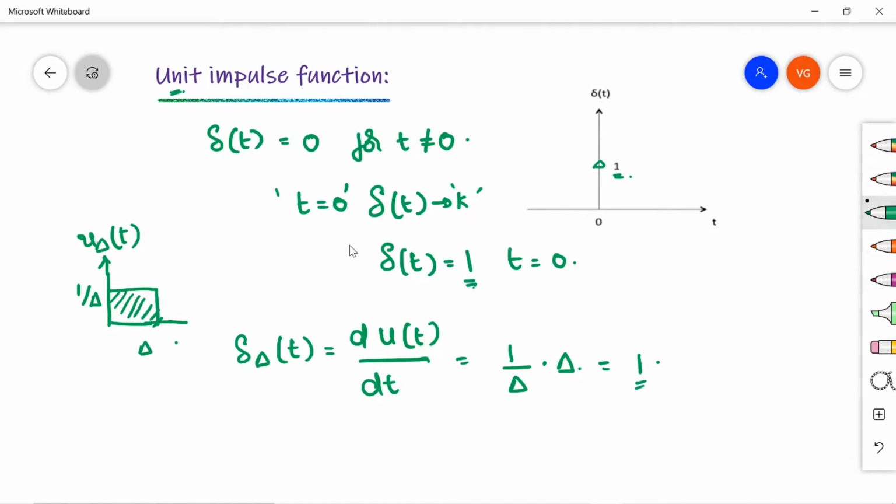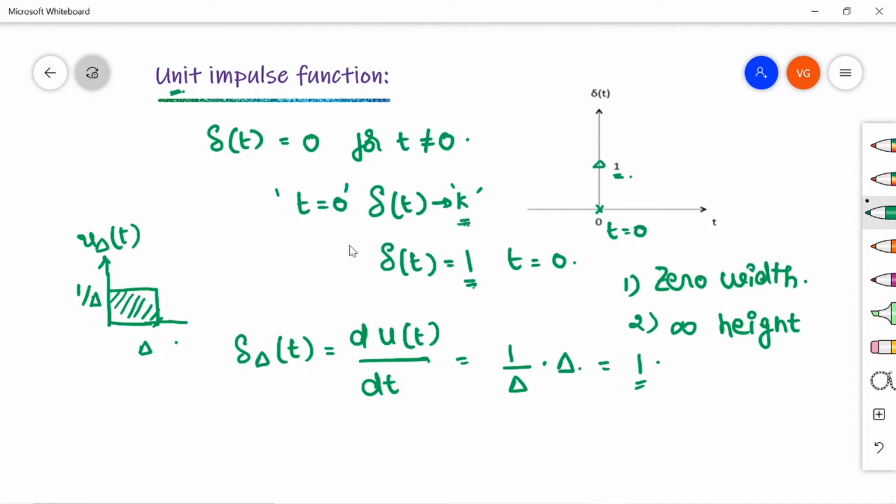So the properties of unit impulse function are it has 0 width, right? So this is just a single line that is extended at t is equal to 0 onto the y-axis. So there is no width for this unit impulse function. And then it has infinite height, right? As I said, only at t is equal to 0, it has some amplitude.